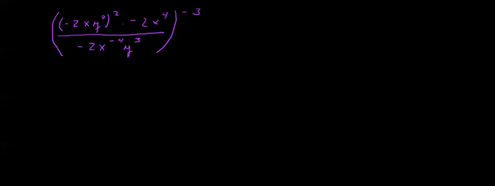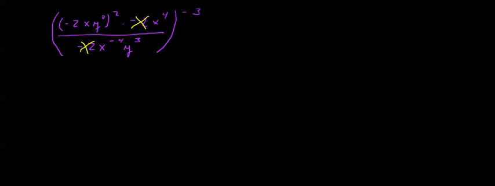Do them separately. However, if there's something that will cancel, this negative 2 here and this negative 2 here don't cancel because I have this exponent right here. However, this negative 2 and this negative 2 do cancel.